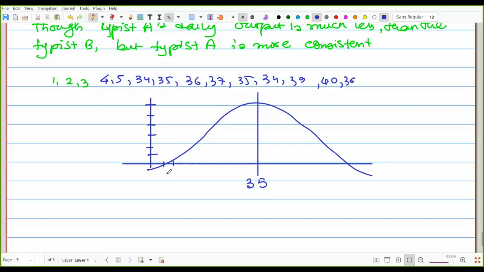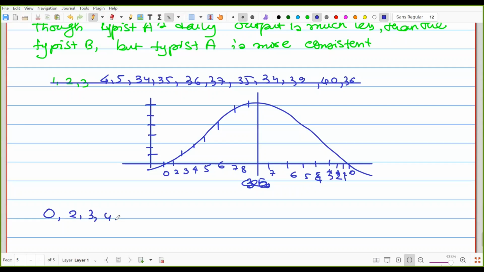That means the data are like that type. The first data is 0, second 2, third 3, fourth 4, 5, 6, 7, 8. So we have drawn it. Then once again it is falling 7, 6, 5, 4, 3, 2, 1, and then 0. So that means what the data is there, the data has been given in that way.